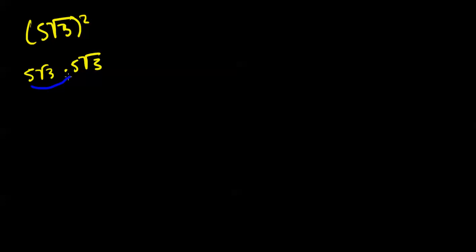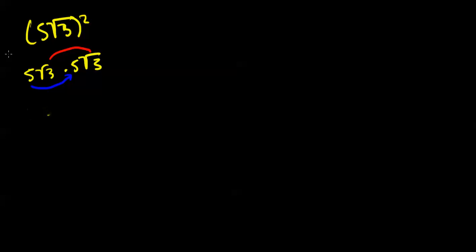Now we're going to look at another example. We have 5 radical 3, the entire thing squared. So basically that would be 5 radical 3 times 5 radical 3. You want to multiply the numbers on the outside separately and then multiply the radicals separately. So we have 5 times 5, and then radical 3 times radical 3. That would give us 5 times 5, which is 25, so we have 25 radical 3 times 3, which is 9.